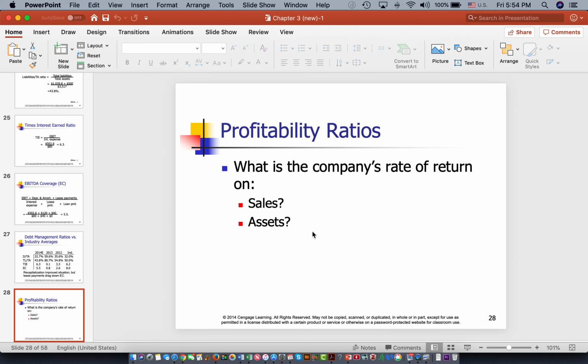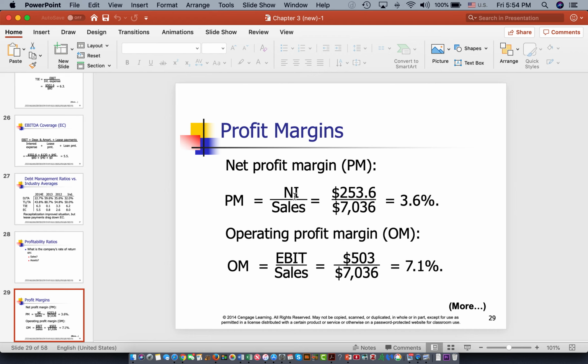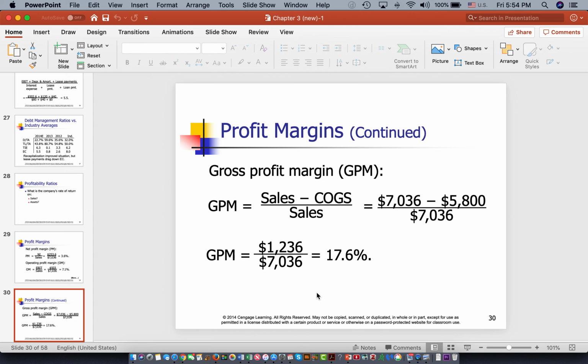We look at the rate of return with respect to sales and assets. With respect to sales, it is 3.6%. This is profit margin, and this is operating profit margin, meaning that you do not take the bottom line, you take the midstream cash flow. Gross profit margin is sales minus cost of goods sold over sales.